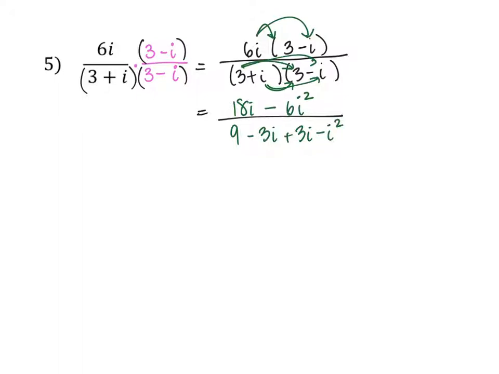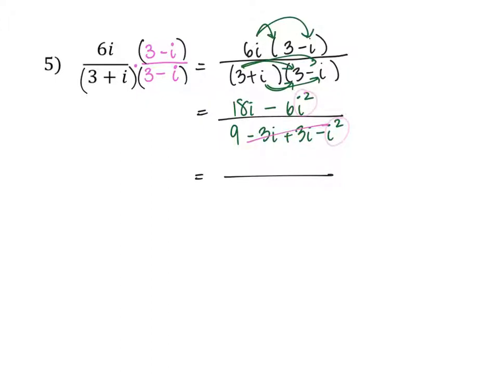Looking at the top and bottom, on the top I notice that there is an i squared, so that gets replaced. So does the one on the bottom, there's another i squared. Notice how there's a negative 3i and a positive 3i, so that cancels.